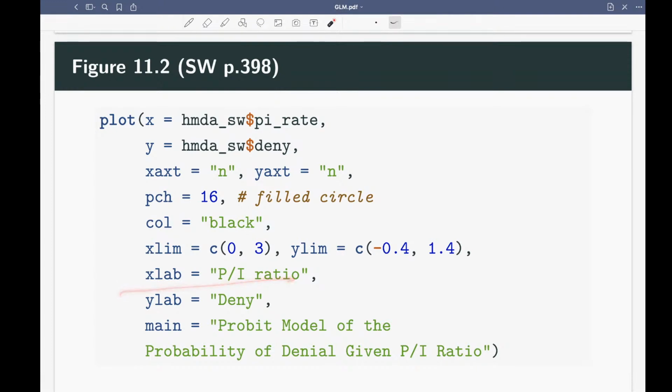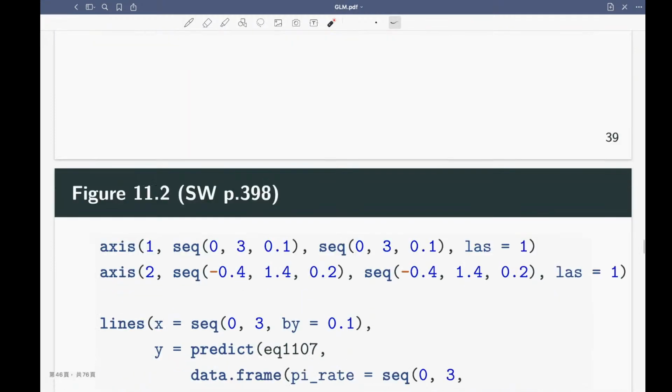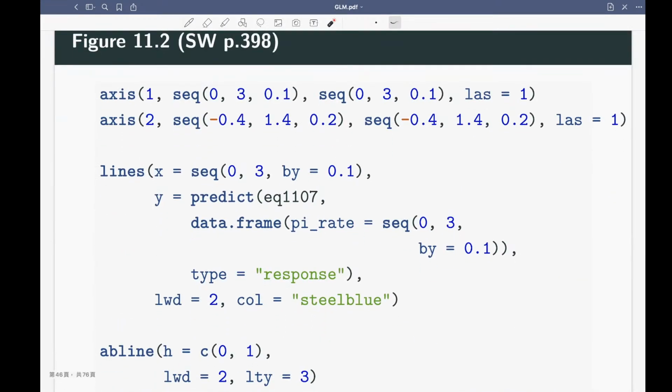Okay, so we also label the x and y, and the title of the figure is a Probit model of the probability of a denial given PI ratio. We also set up the axes for x and y, and we want to plot the Probit model line and do the same thing.